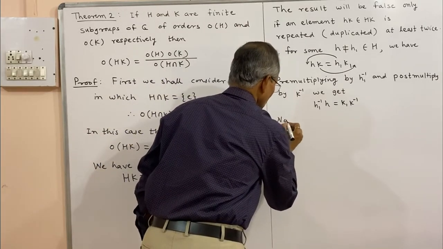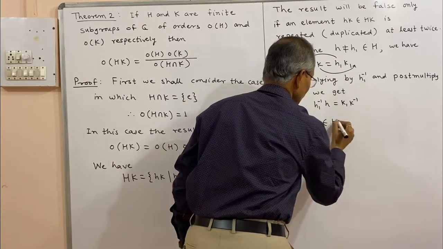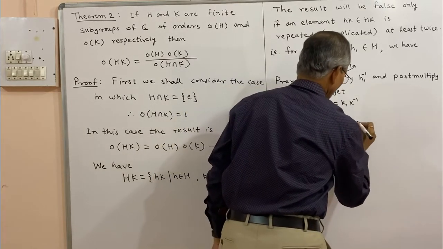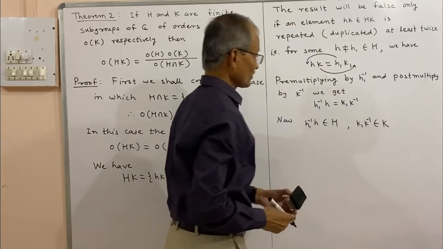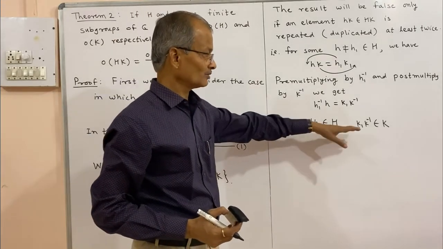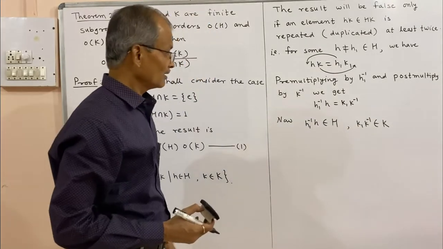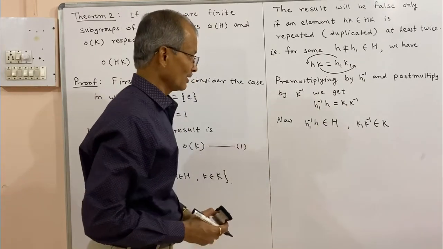Now h1 inverse h belongs to H, and k1 into k inverse belongs to K. These small h are elements in H, small k are elements in K, and therefore this belongs to capital H, this belongs to K.